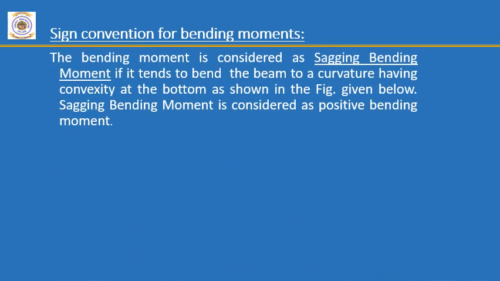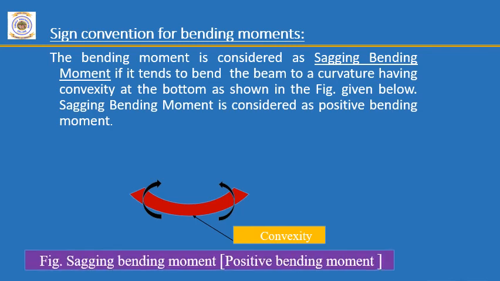Next, sign convention for bending moments. For sign convention, we consider the different bending conditions of the beam. In the figure we can see, if the beam bends in such a manner that the concavity is at the bottom, then the bending moment is positive, and we call this a sagging bending moment.